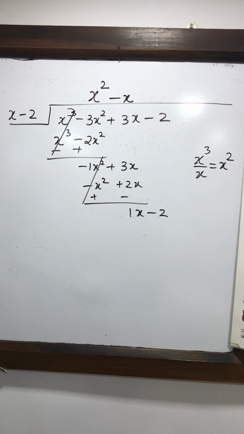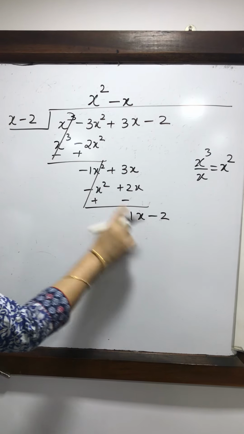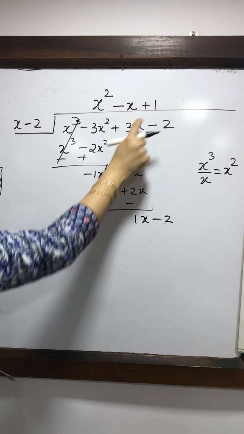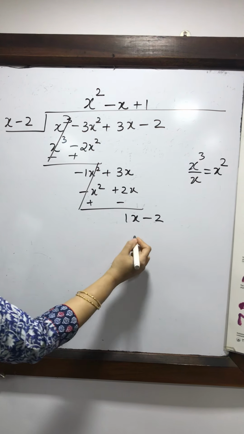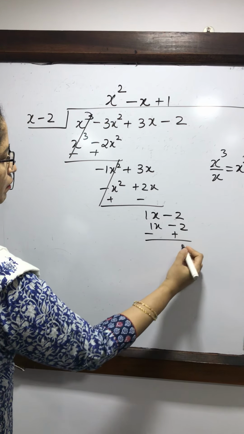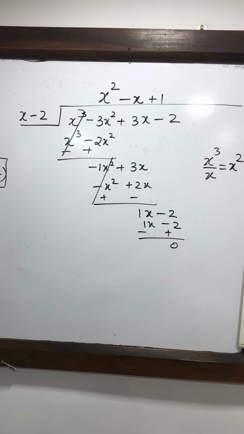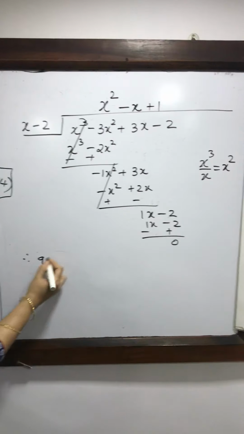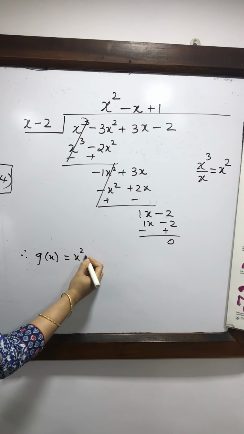The last term of the quotient is obtained by dividing 1x by x. So therefore it is plus 1, and when we multiply plus 1 with both these terms, we change sign, remainder 0. Now we have to find g(x). So the quotient is g(x).